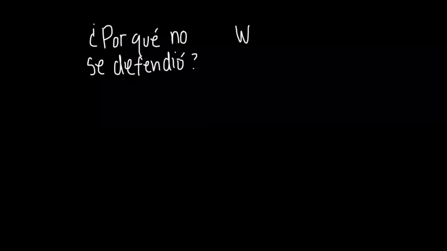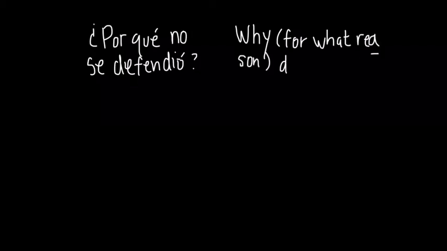But every time you want to express for what purpose, then you use para. So for example, ¿por qué no se defendió? Why or for what reason didn't he or she defend herself?